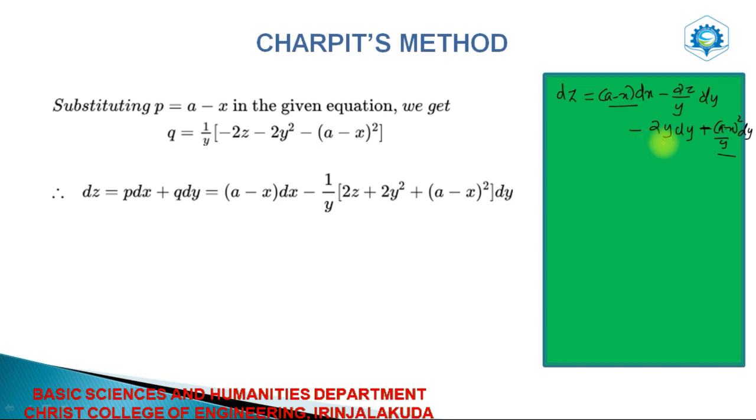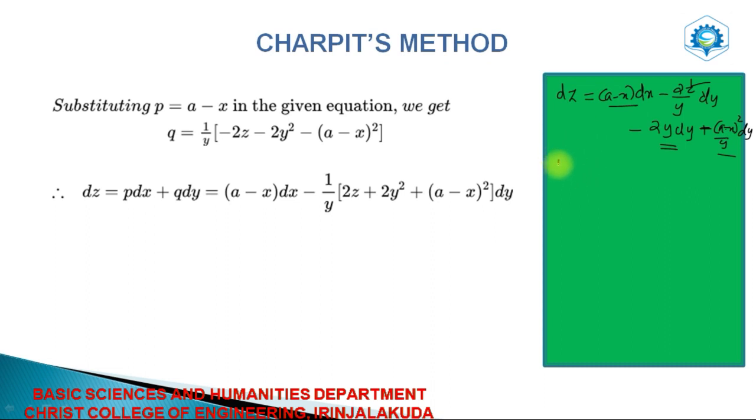Also note that the third term on the right side involves only one variable, so we can directly integrate that one. We will take the second term to the left side. To remove the y in the denominator, we will multiply the equation throughout by y.